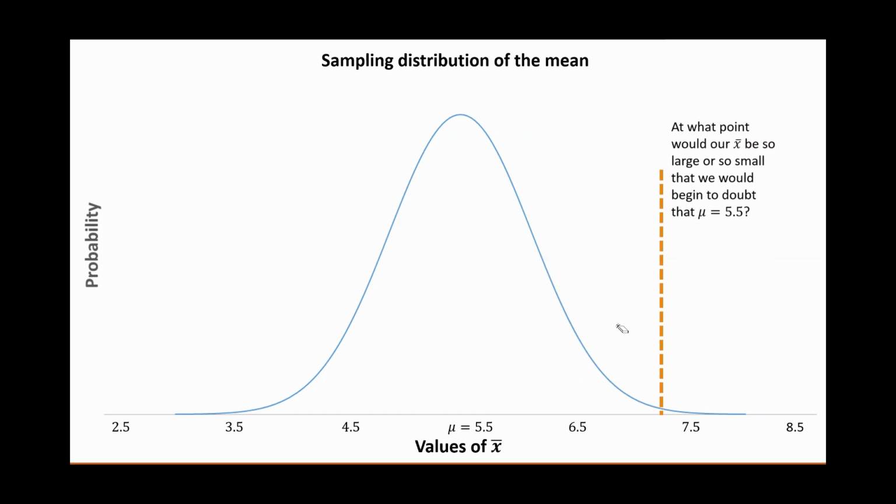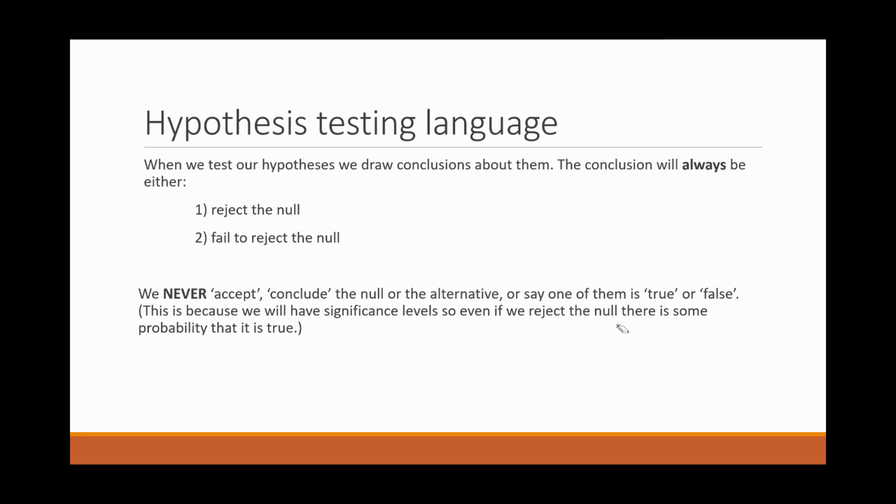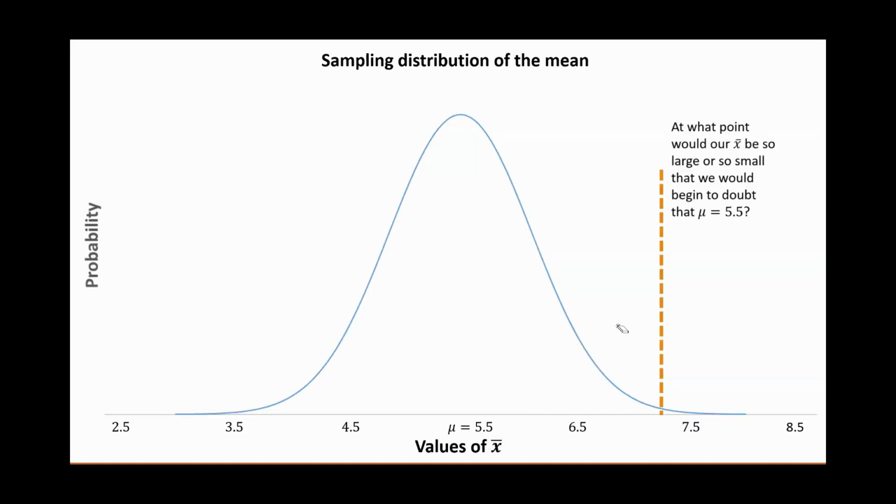At what point do we need to come to a conclusion and say, nope, I don't believe it. I don't think the null is true. I think the alternative hypothesis is true. How do we do that? I'm going to answer that question, but that's the intuition. That's what we're doing with hypothesis testing.